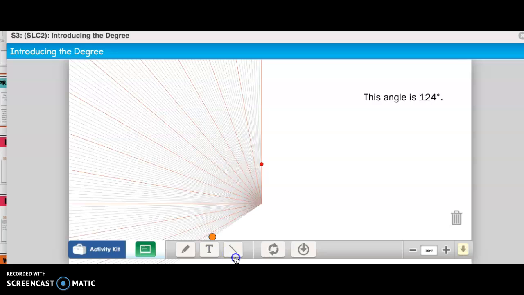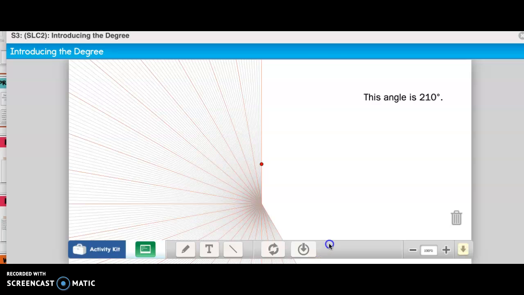If we go a half turn, oops, I'm having some technical difficulties. Just one moment. Okay, so a half turn is about 180. We said that's a straight angle. So, half of a turn.